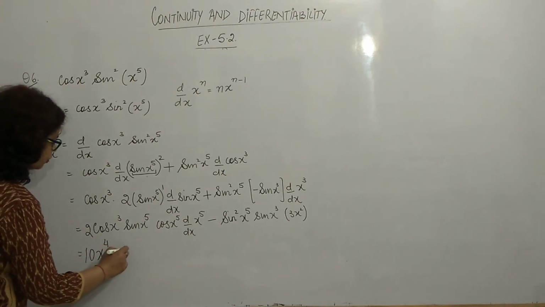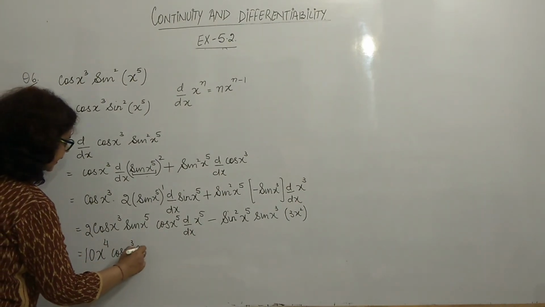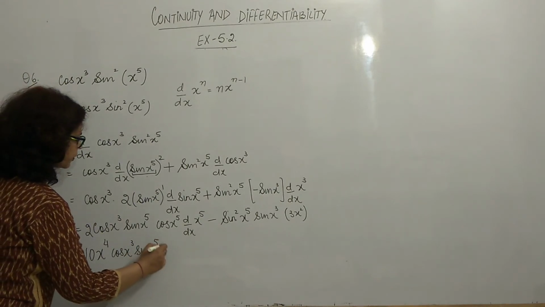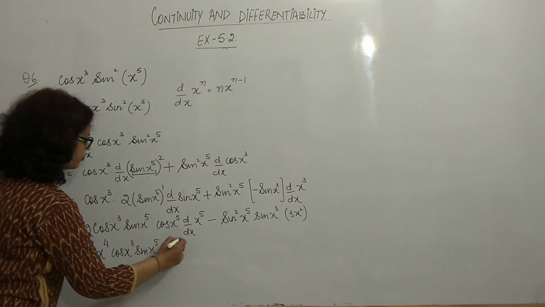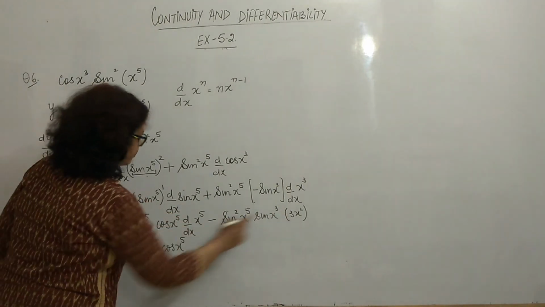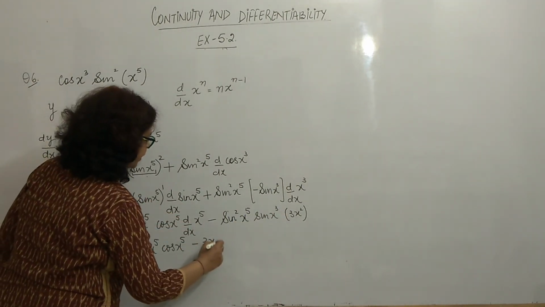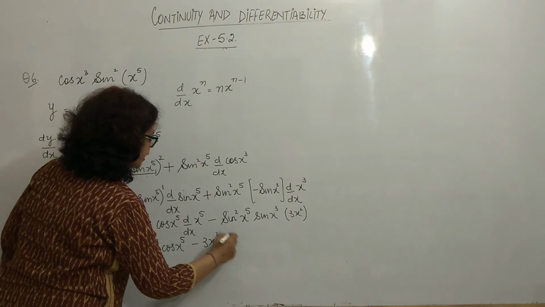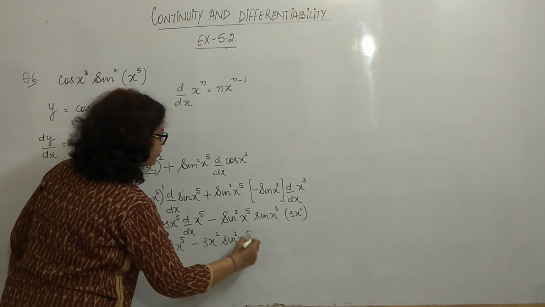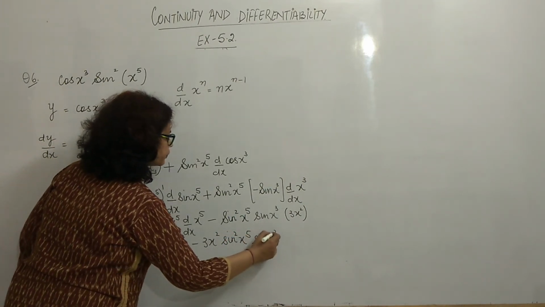Cos x cube, sin x to the power 5, cos x to the power 5, finish, minus 3x square, sin square x to the power 5 and sin x cube.